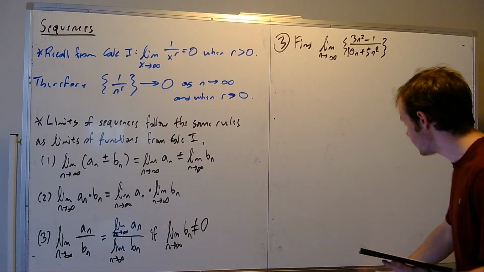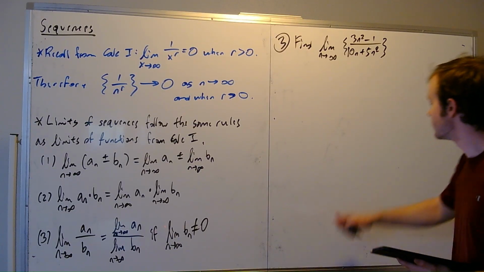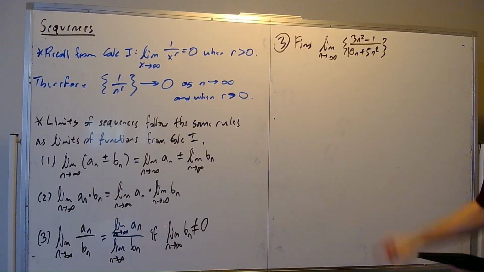So we've got to figure out how we're going to solve a problem like this. This is supposed to be 5n squared. It's a little bit hard to read.